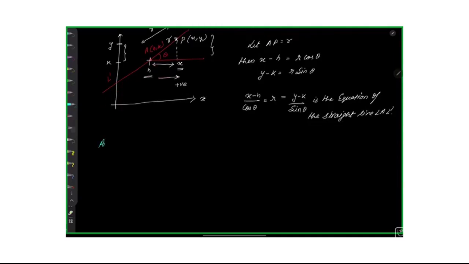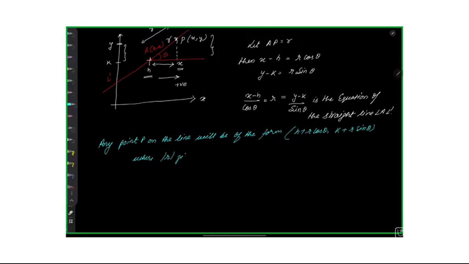Now, a basic point, right? Any point P on the line will be of the form, very important guys, h plus r cos theta, comma, k plus r sin theta, where r gives the distance of the point P from the fixed point h comma k.